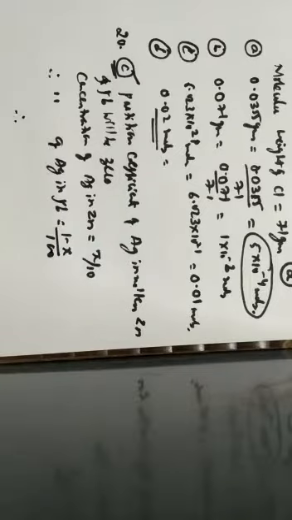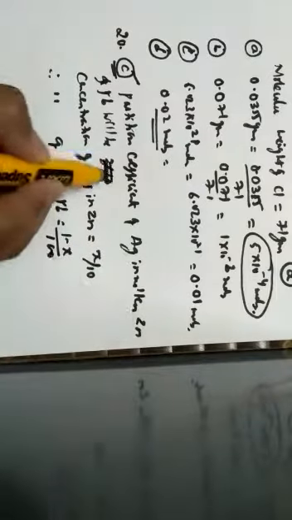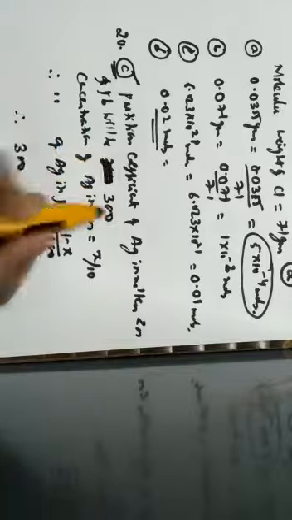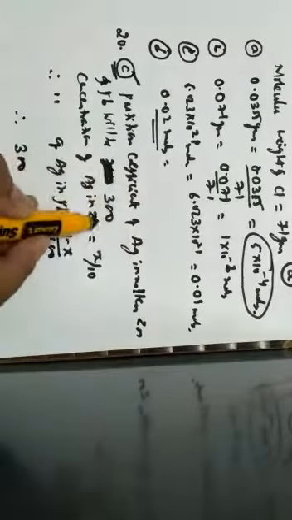So, what is the partition coefficient? Partition coefficient of silver in molten zinc and lead is 300.